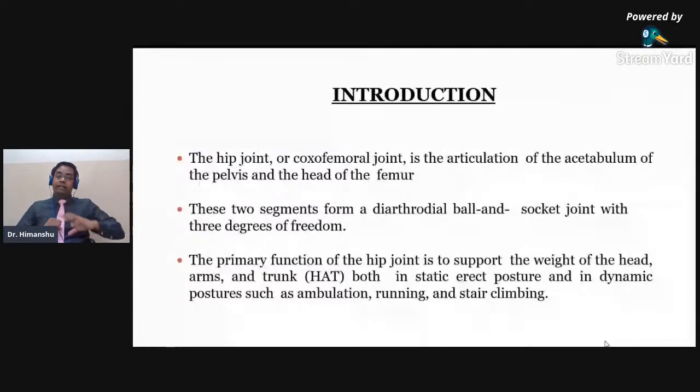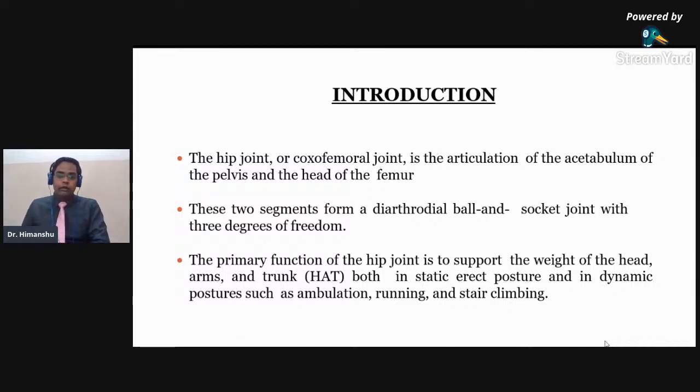We have better congruency in the hip joint, lesser congruency in the shoulder joint. We require more structures for the stability of the shoulder joint. We require relatively fewer structures for the stability of the hip joint, because the stability is already there by the geometry of the articulation, by the geometry of the bone that we see.